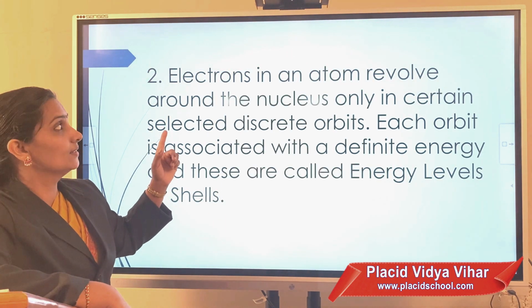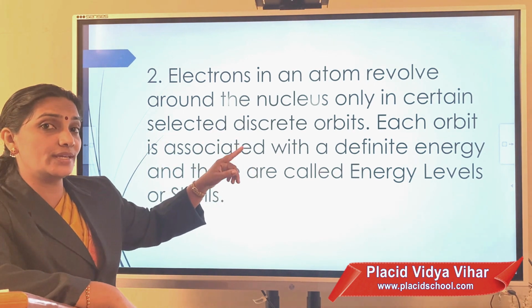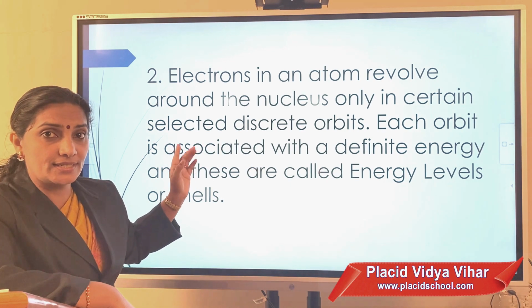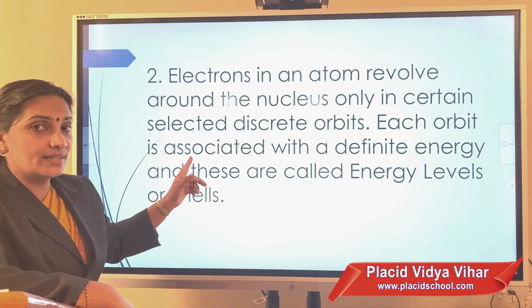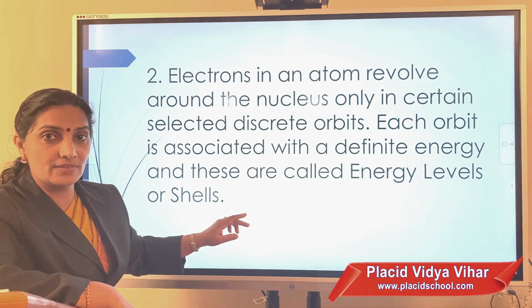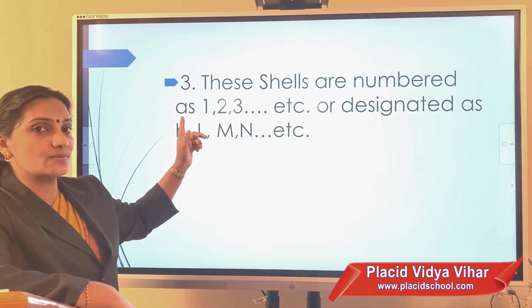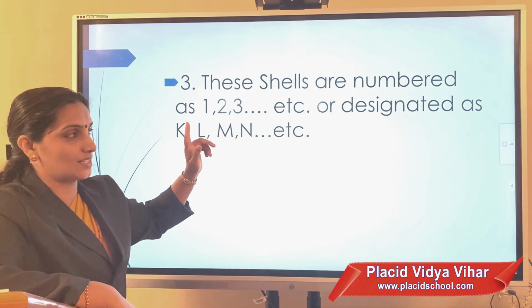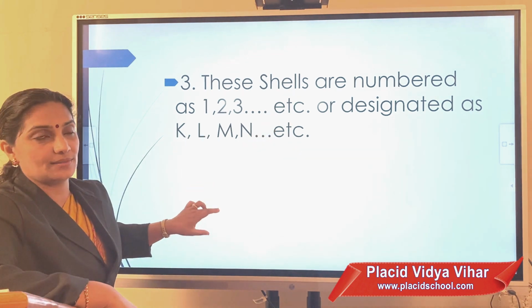Then the second one, electrons in an atom revolve around the nucleus only in certain selected discrete orbits. Each orbit is associated with a definite amount of energy and these are called energy levels or shells. These shells are numbered as 1, 2, 3, etc. or designated as K, L, M, N, etc.